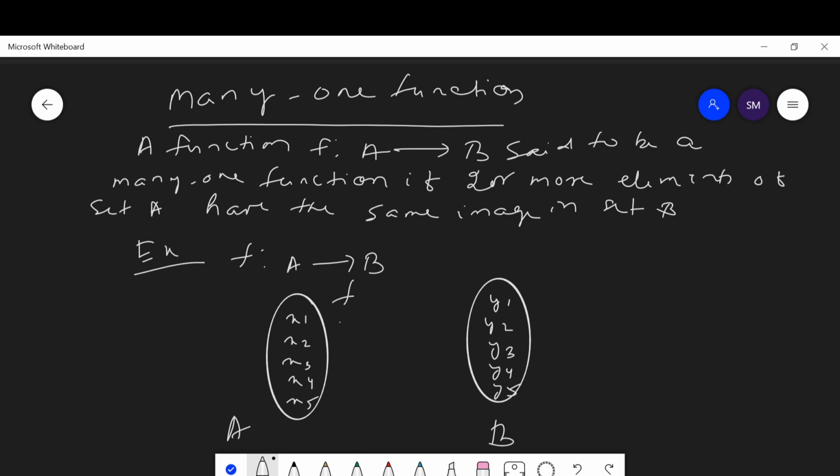Here f is a function from A to B in such a way that x1 is related to y3, x5 is also related to y3, x2 is related to y1, x4 is also related to y1, and x3 is related to y5.